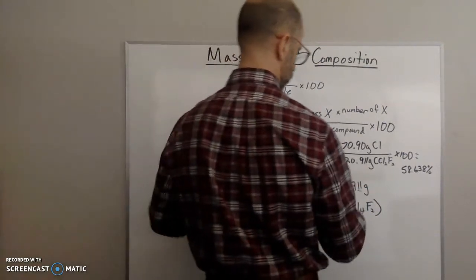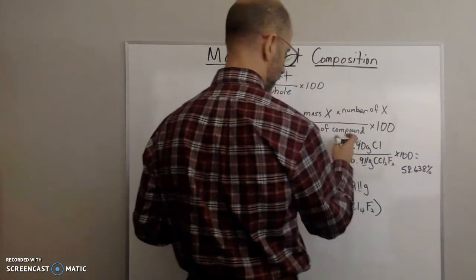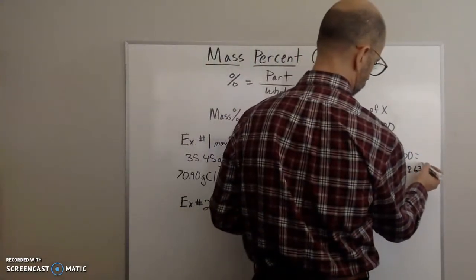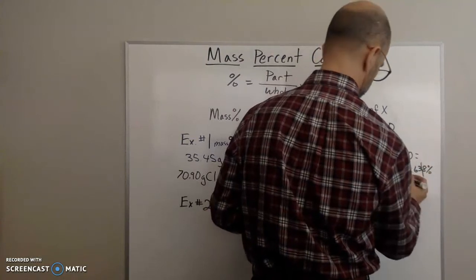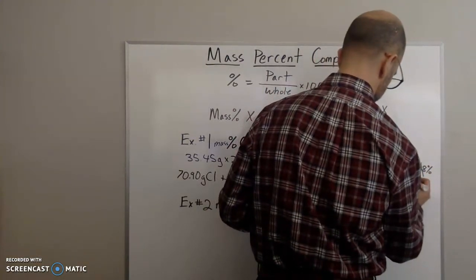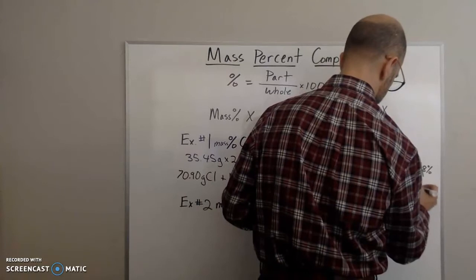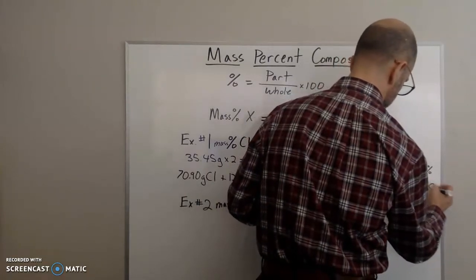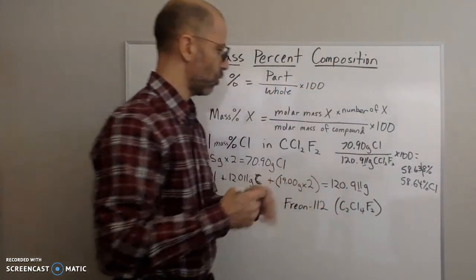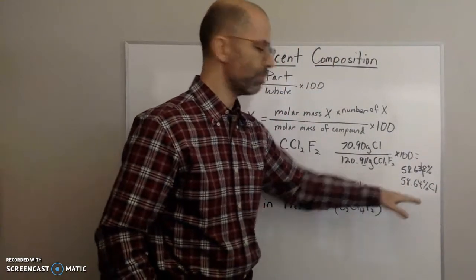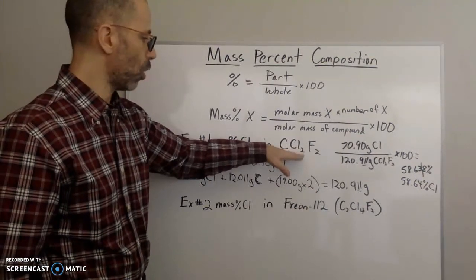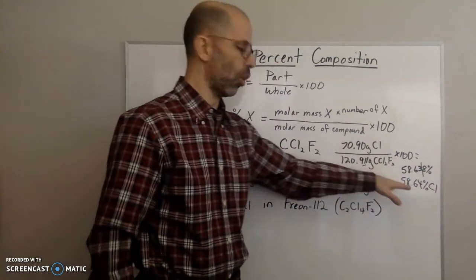And if I'm dividing, then I have 5 and I have 4, so my final answer should have 4 sig figs. So my final answer is 58.64%, and that's chlorine. So 58.64% of my substance is composed of chlorine.